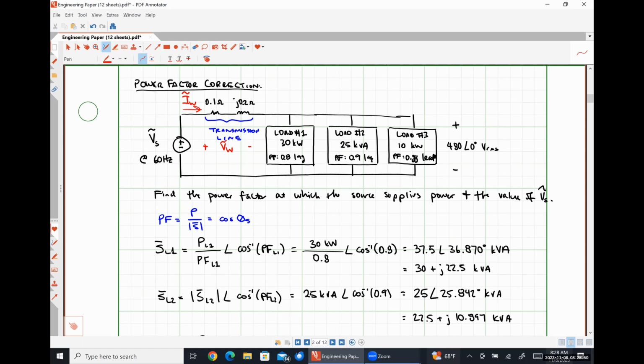Either one of those will get us the answer we're looking for, right? If we just know the current, we can do the magnitude of I squared times the impedance of the transmission line, which gives us our complex power. If we know the voltage, it's the magnitude of the voltage squared divided by the complex conjugate of the impedance of the transmission line, which gives us our complex power.